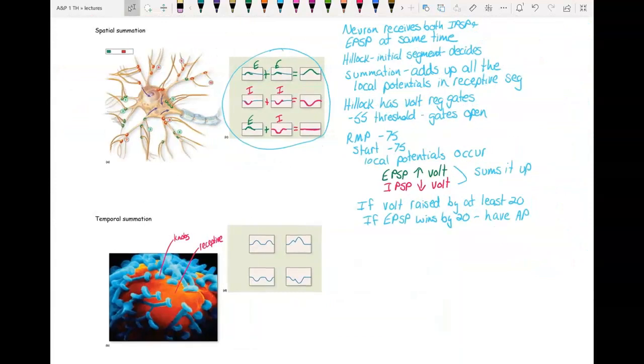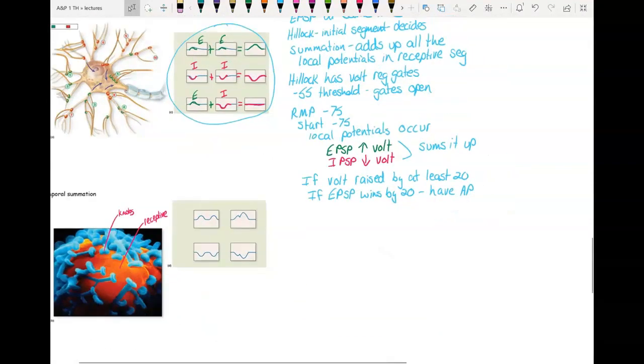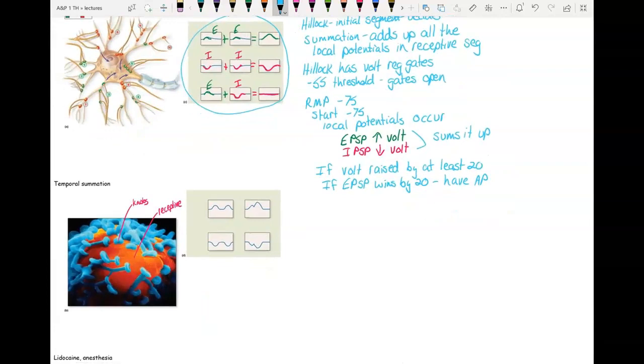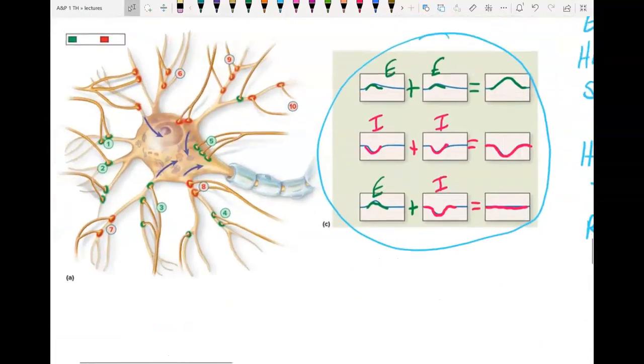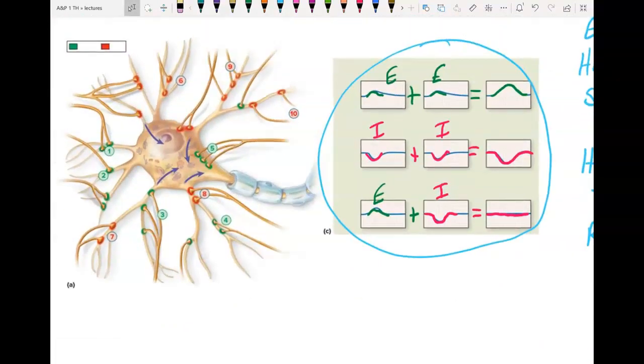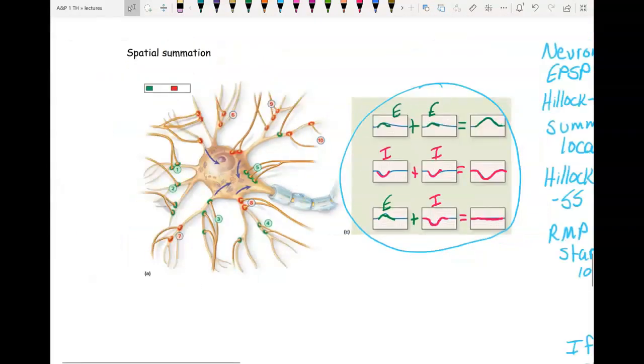So summation comes in two types, spatial and temporal. Spatial summation, where basically each neuron gets one vote. So you can see here, you have all these neurons. Some of them are doing the red inhibitory, some are doing the green excitatory, and they're each getting one vote.